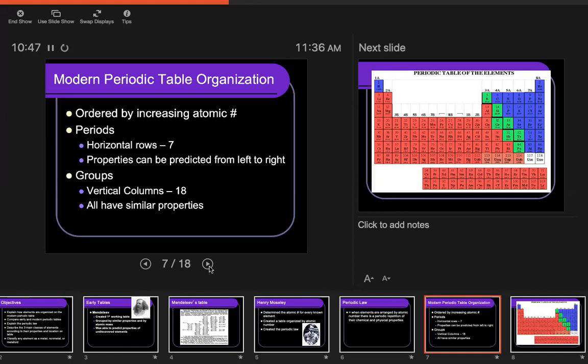So our periods are the horizontal rows. There are 7 of them. And then our groups are the vertical columns.